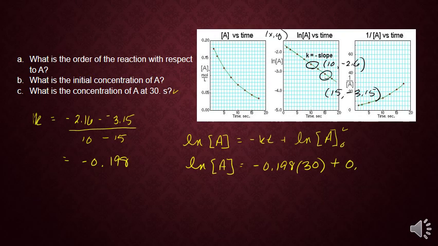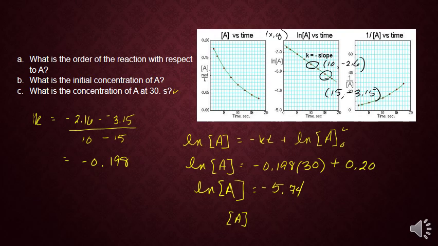plus 0.20. Okay, ln of A then is going to equal negative 5.74.